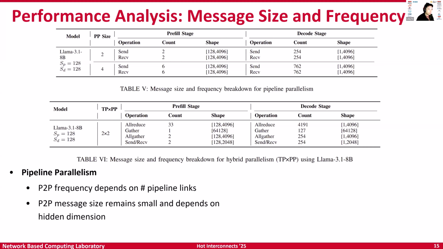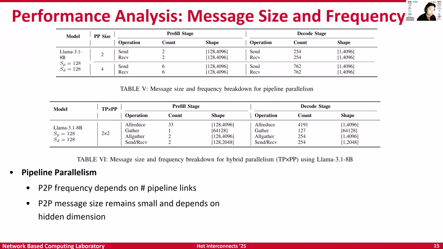If we scale up the pipeline size, going from 1 data link to 3 pipeline links, the cost and the counts will be multiplied by 3. Another thing we look at is TP hybrid parallelism within the node, which is 2 tensor parallel groups and 2 pipeline parallel groups.